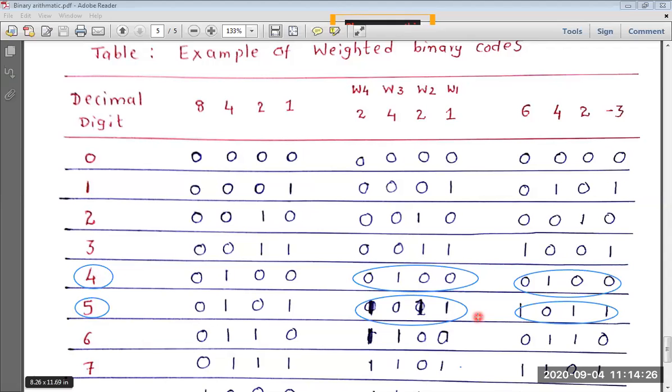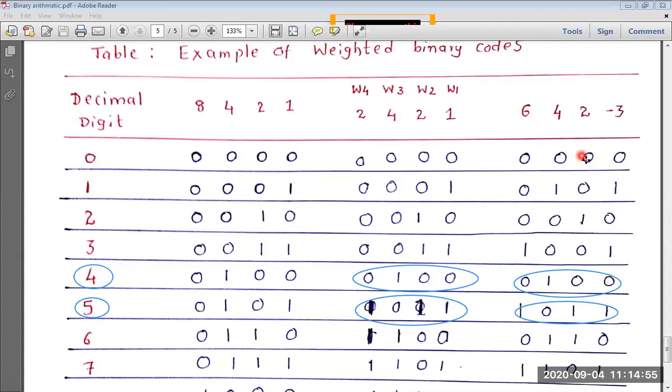Its equivalent in 642 minus 3 code is 1011. Is it self-complementary? Yes. If you invert 0 we get 1, if you invert 1 we get 0.